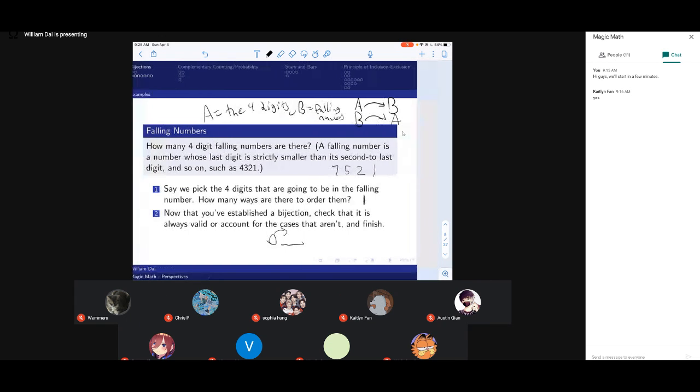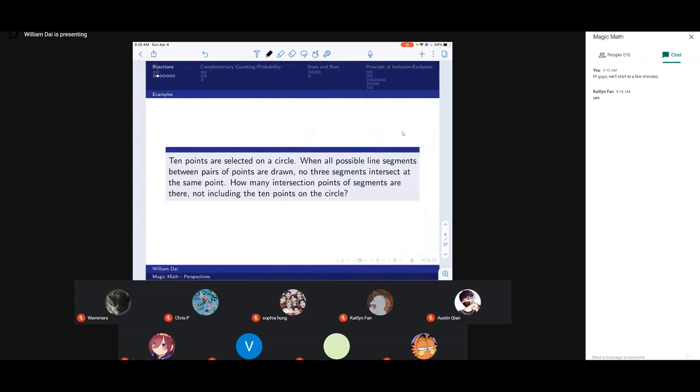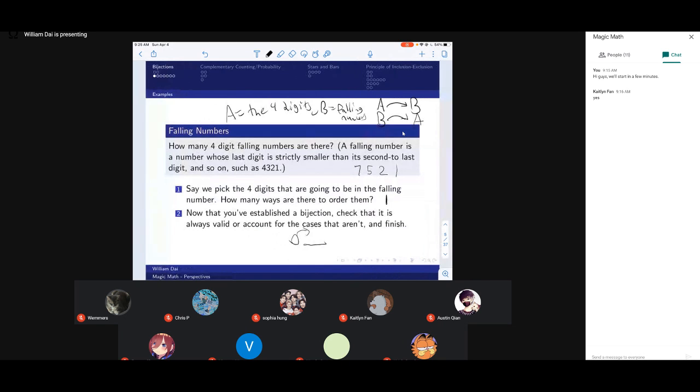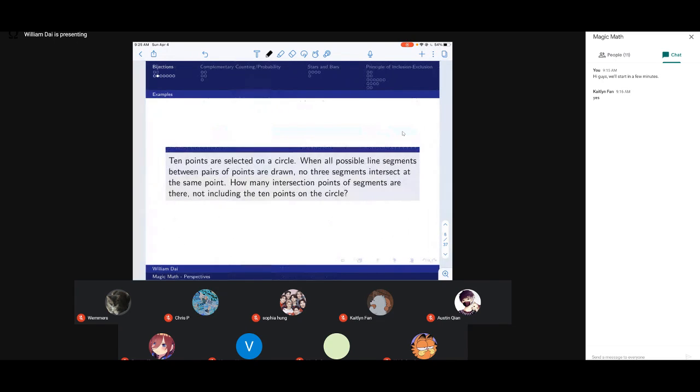So our answer here is 10 choose 4. Hopefully you guys remember the choose function because we're going to be using it a ton here.